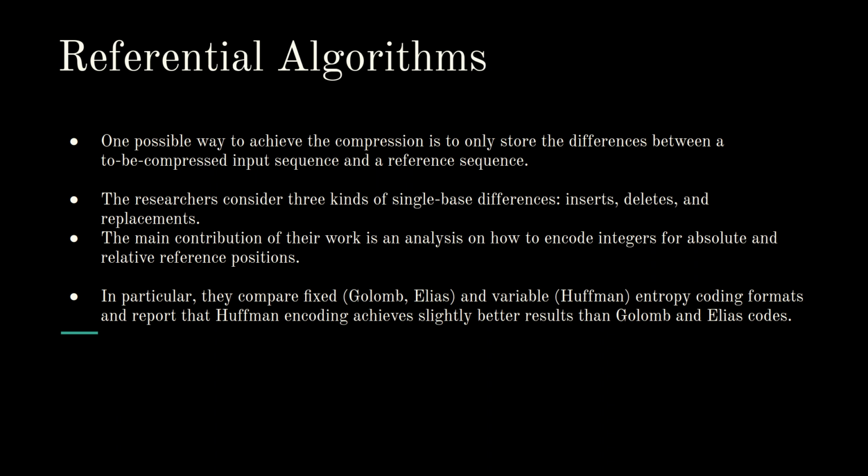To handle that, they are working on integer encoding, and they compared fixed and variable entropy coding formats, and they reported that Huffman coding is slightly better than Golomb and Elias codes.